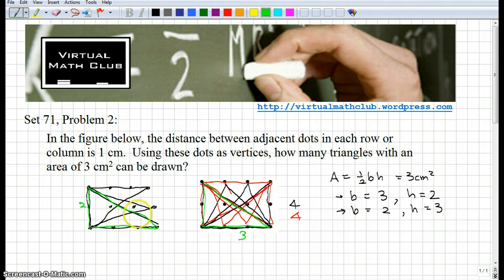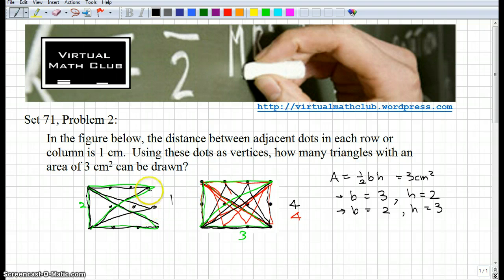But it's the same triangle, so we can't count that one because we already counted it over here. And the same way with this triangle here. We can't count it again because we already have it here. So we only have one new triangle that I've drawn so far.